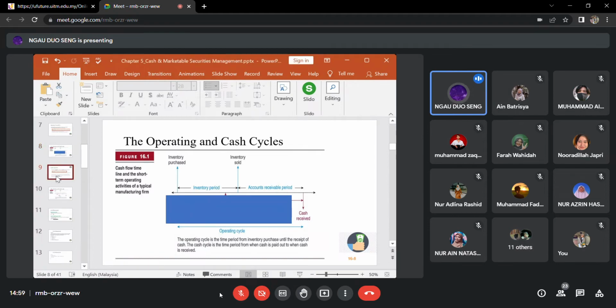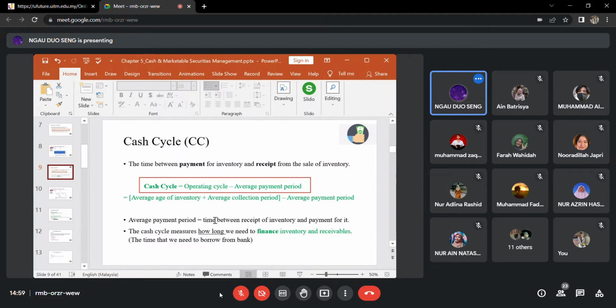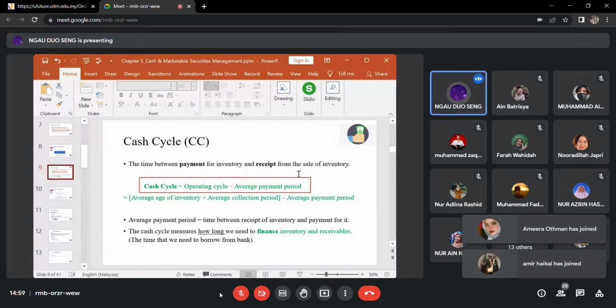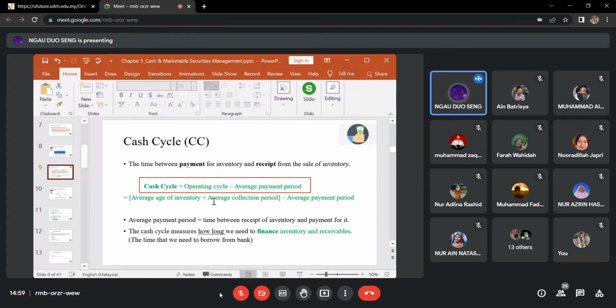All right, next we have the cash cycle. The cash cycle is what? The time between payment for inventory and receive from the sales of inventory. Right, so which is cash cycle equal to operating cycle minus average payment period.